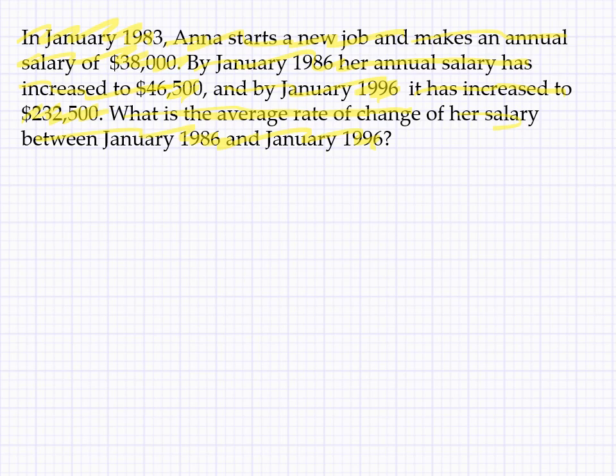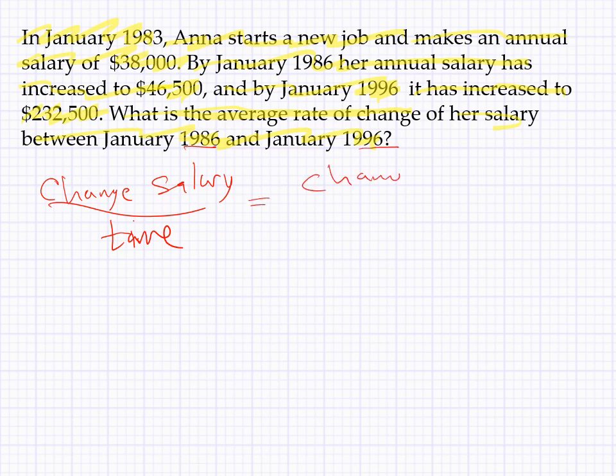Well, if we measure the change in salary over time, okay, because we're looking at a range of time, that could be the change in salary over the change in time.